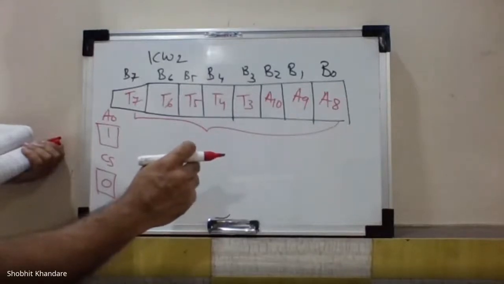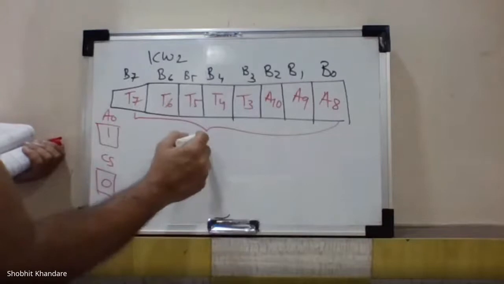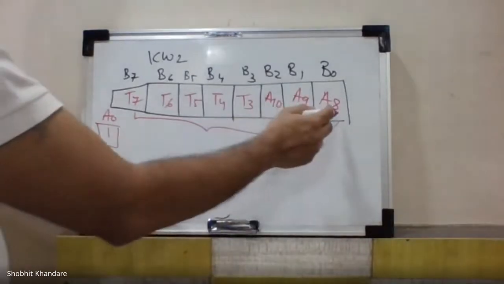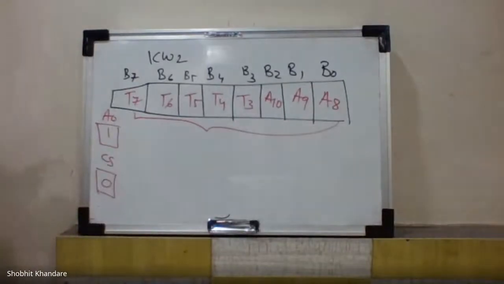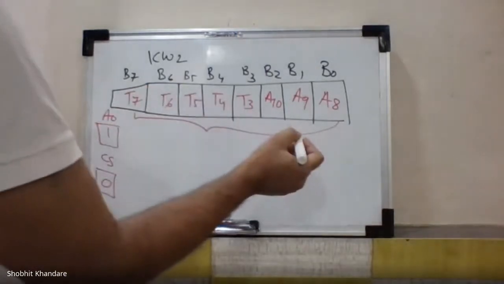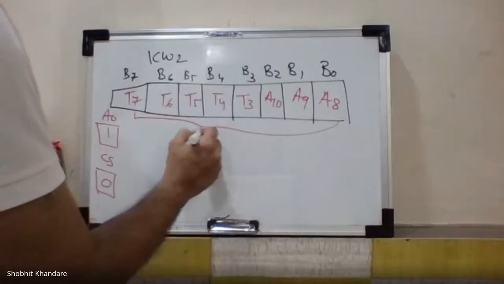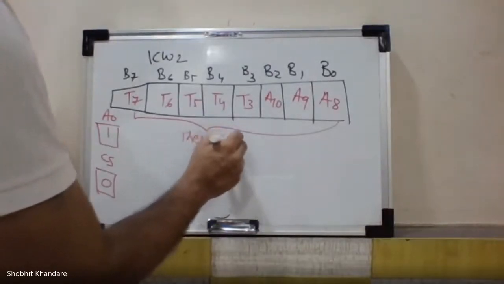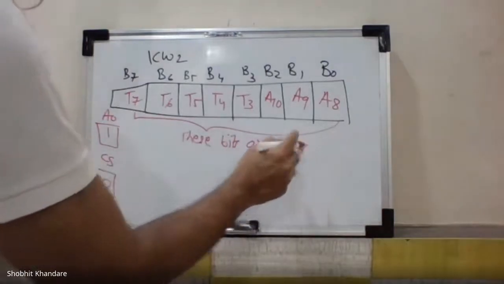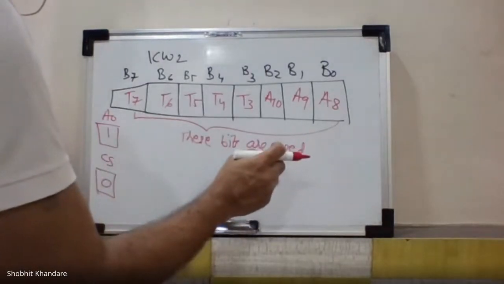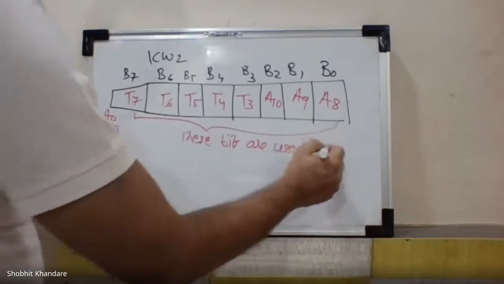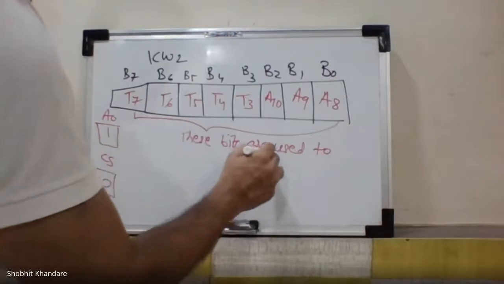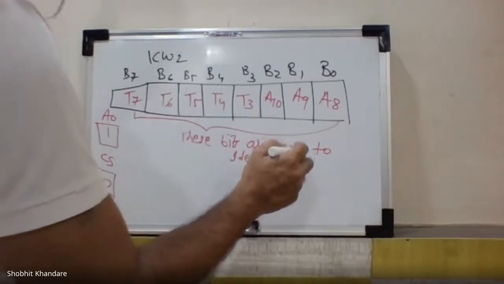That is, you can just write down, these bits are used to identify interrupt type number.